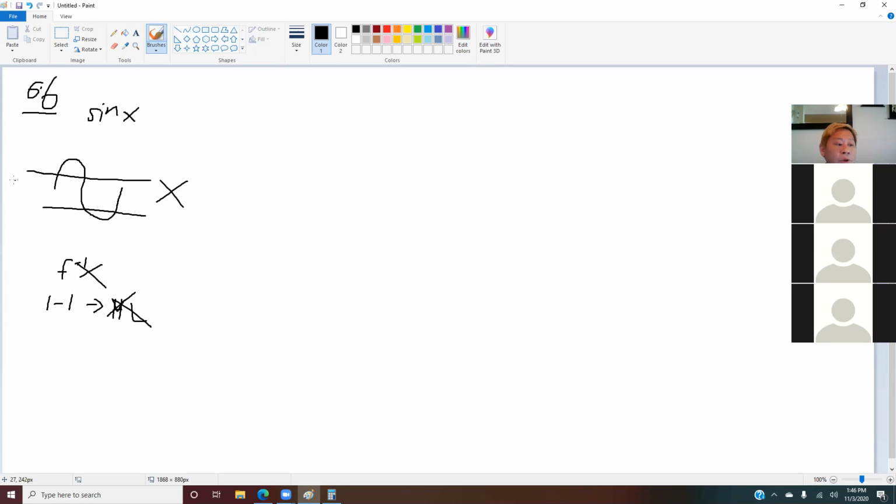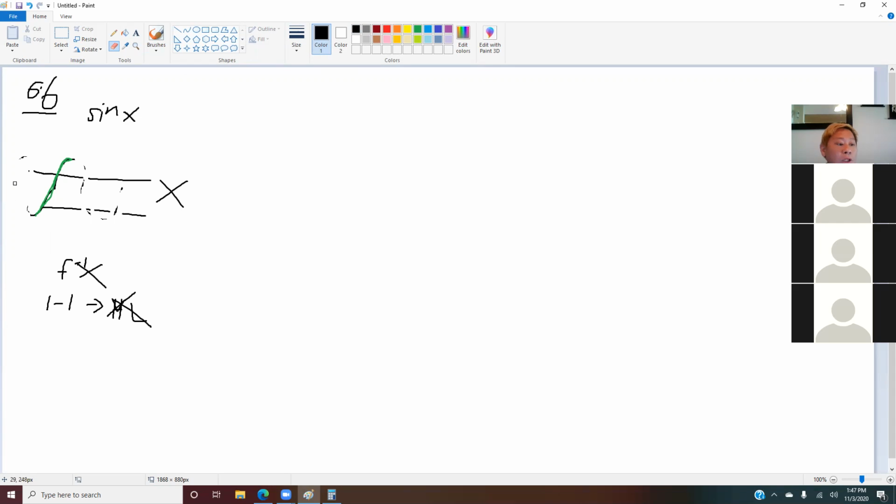So if you fail the horizontal line test, it doesn't have a one-to-one function. However, if you restrict the domain, it will be one-to-one. So what they do here is restrict the domain to this little green line. They erase all of this, they don't want that, and they restrict on here.